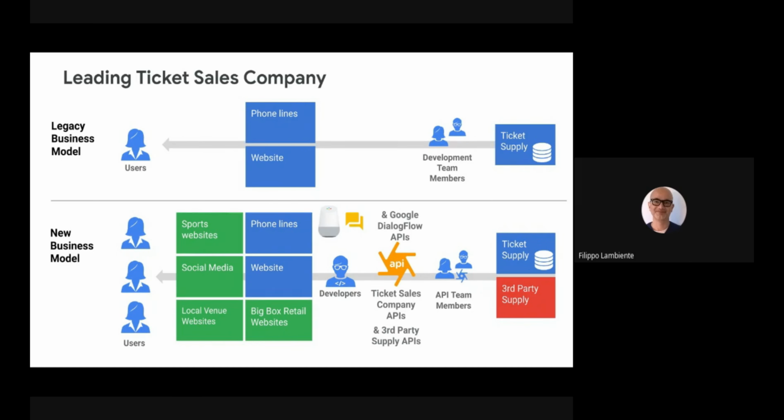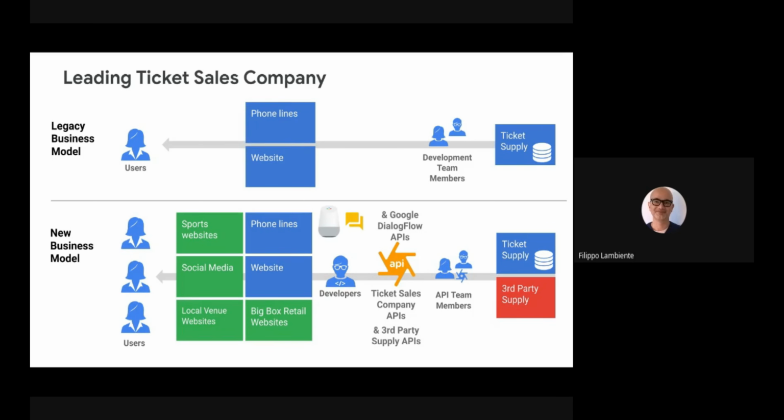For example, having the Dialogflow virtual agent answer on some channels, and this agility was thanks to the fact that they were able to introduce this layer that basically allowed them to evolve the new business model without requiring IT to adapt their internal systems, their ticketing supply system, and so on.